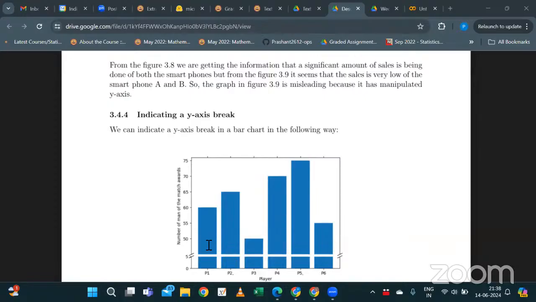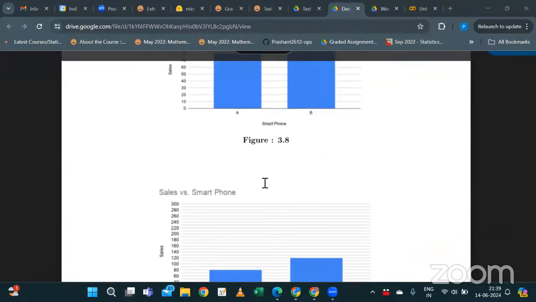If you do not indicate that y-axis break, it comes under the manipulated y-axis. You have manipulated your y-axis, but if you show the break, it's fine.